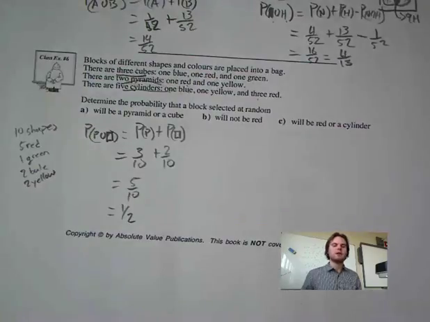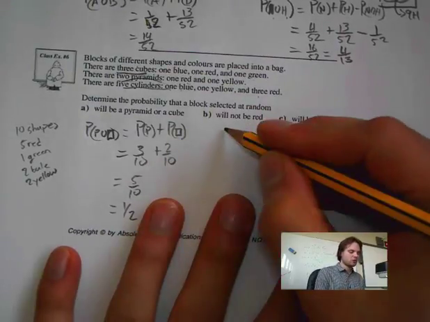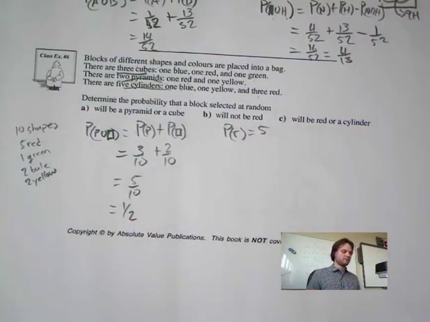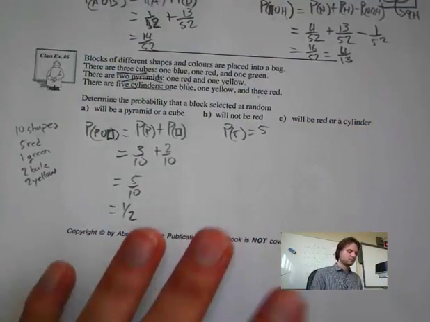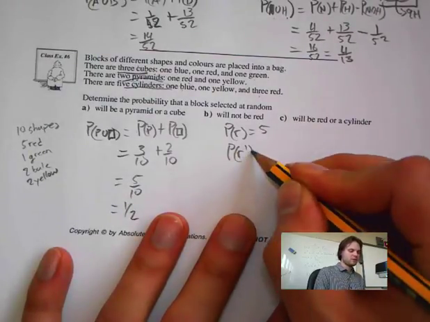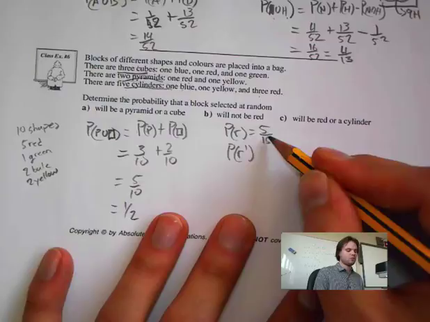All right? Next one says, will not be red. Well, there are 5 red, so the probability of it being red is 5 out of 10, which is 1 out of 2.